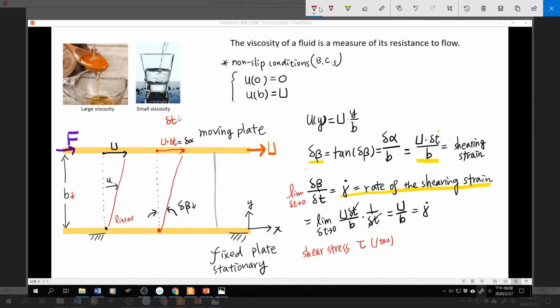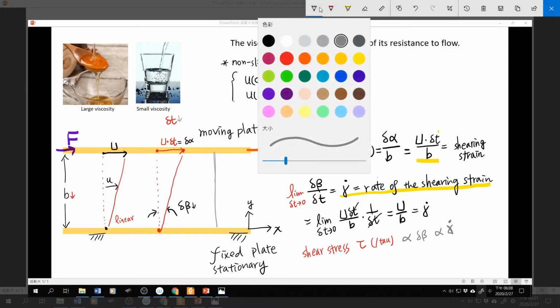The basic information we certainly know is that the shear stress is proportional to the shearing strain, and also proportional to the rate of the shearing strain, right? So the relationship between these is certain. And then in order for the proportion to become an equation, we should add a constant, right?